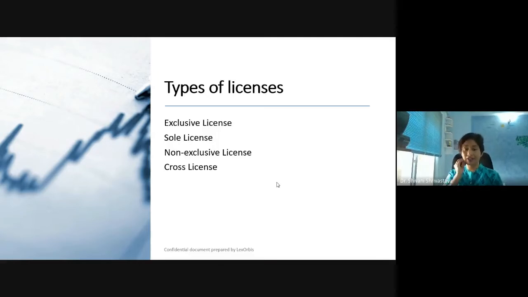So if you are a researcher, you have developed a technology, but you are giving an exclusive license to other industry, then you cannot use your own technology because you have given an exclusive license.